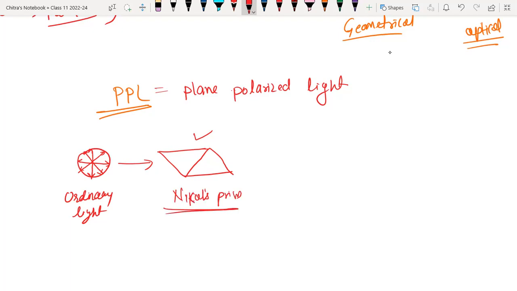Understood what a Nicol prism is? These are the two normal prisms joined base to base using Canada balsam. Everyone understood that?